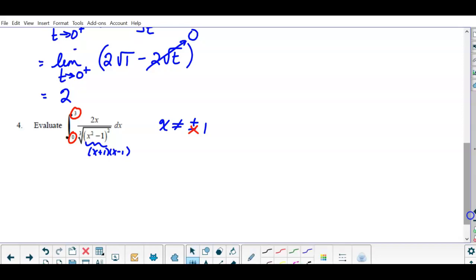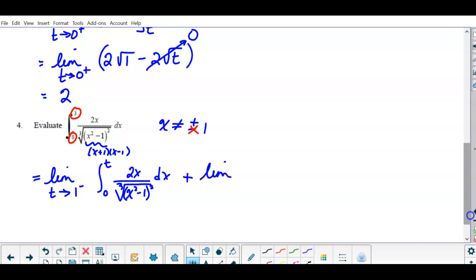So we're going to go from limit. We can start at 0, so we'll go from t approaching 1 from the left, and so that's going to be from 0 to t of 2x over the cube root of x squared minus 1 squared, and then plus limit.